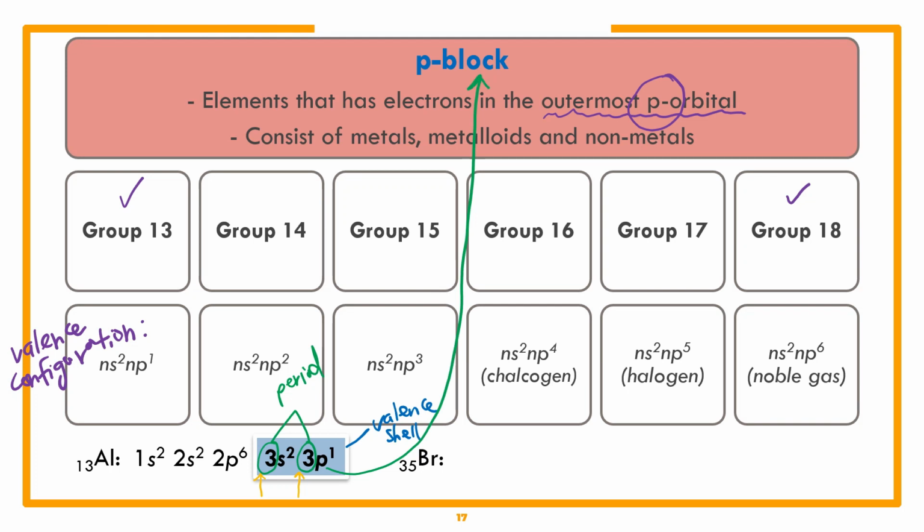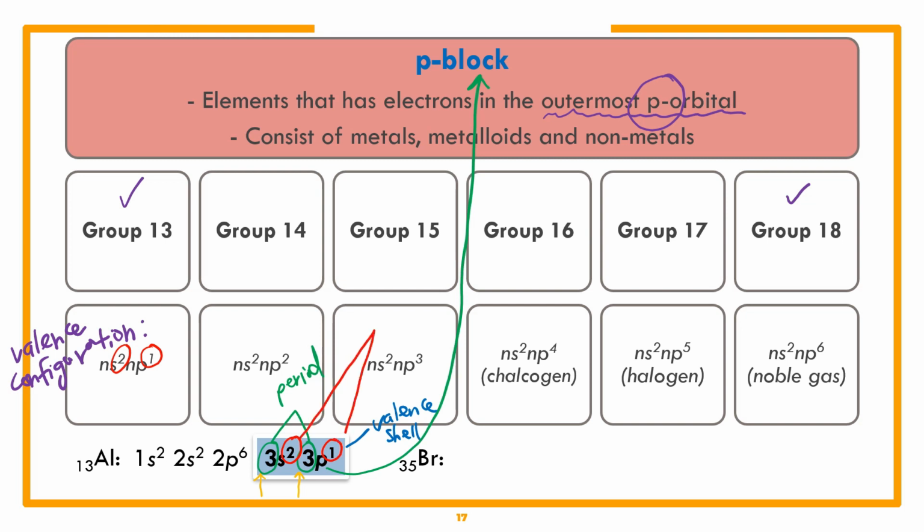And then for the valence electron, for p block, in order to get the valence electron, you have to add the valence electron on ns and also on np. So in this case, we have 2 electrons on the s orbital and 1 electron in the p orbital.